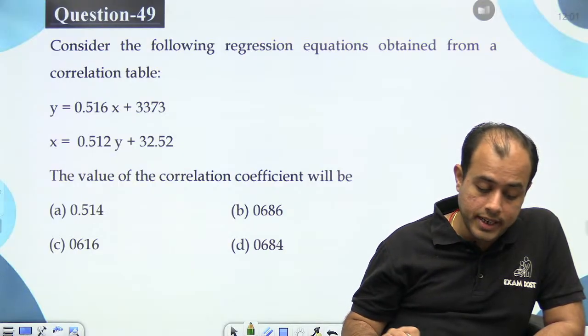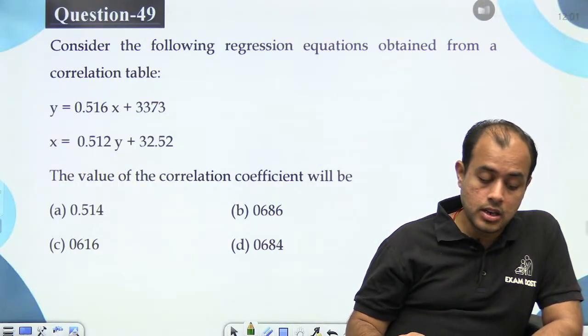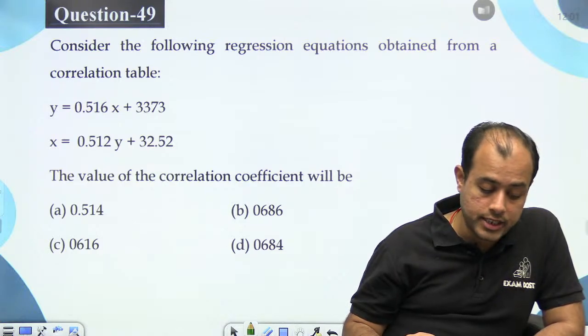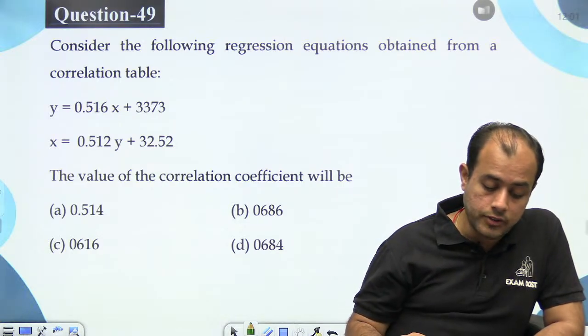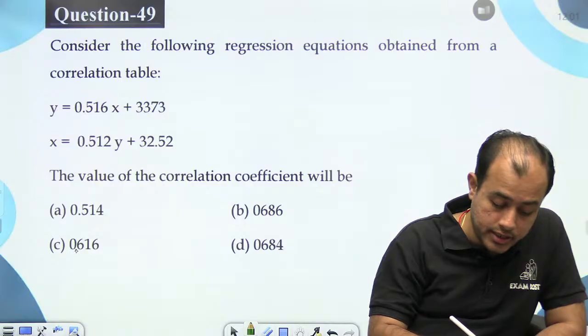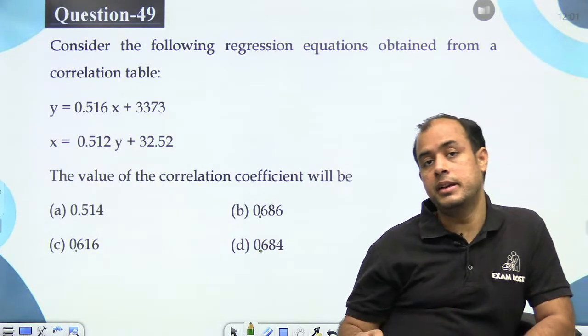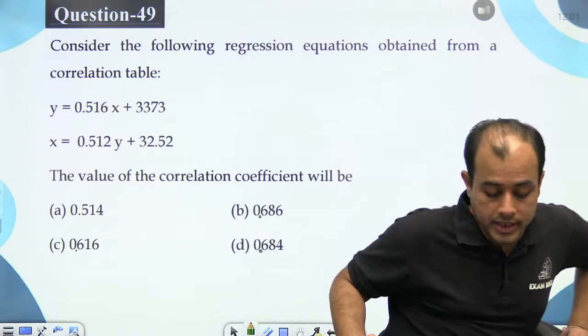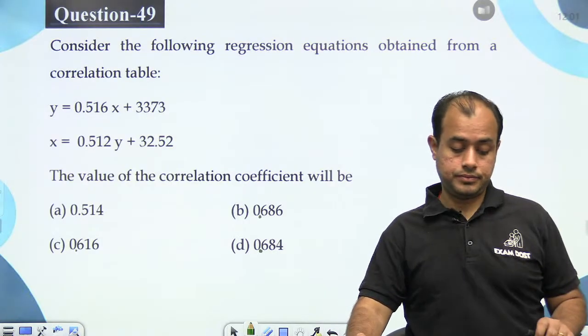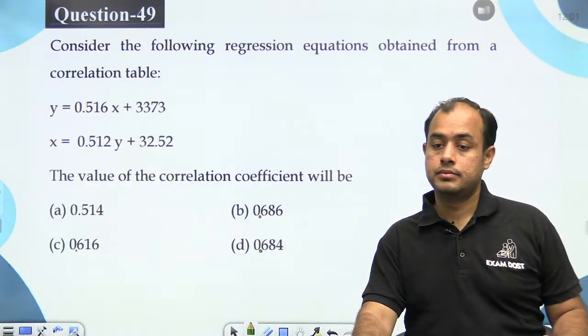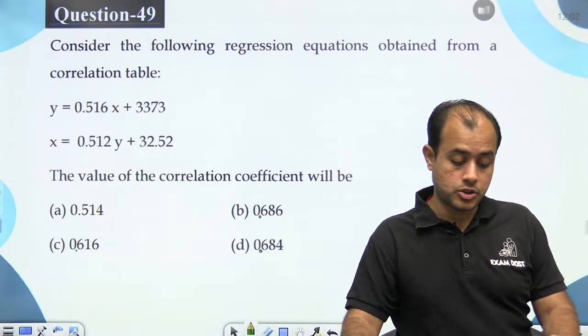These are the two regression equations obtained from a correlation table. Find the value of the correlation coefficient. These are the two regression equations. Try this, children.